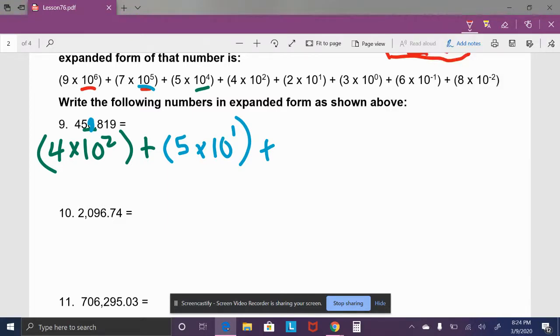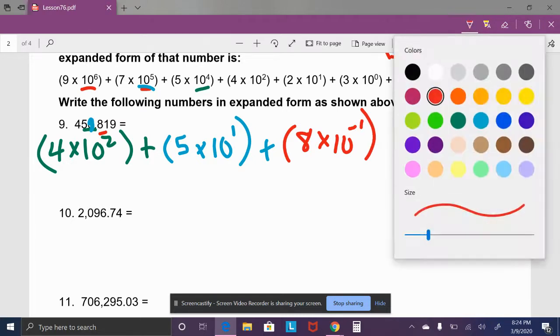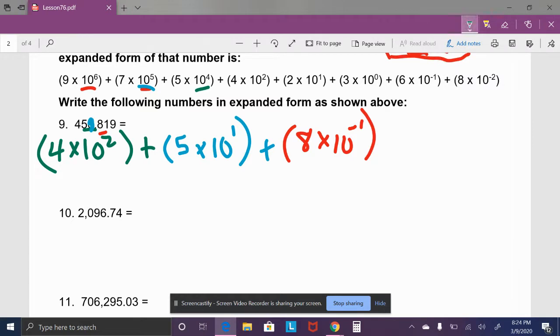8 plus 8. Now this one's a little bit different. Since 0 is the next one, it would be negative 1 spot. 1, right?